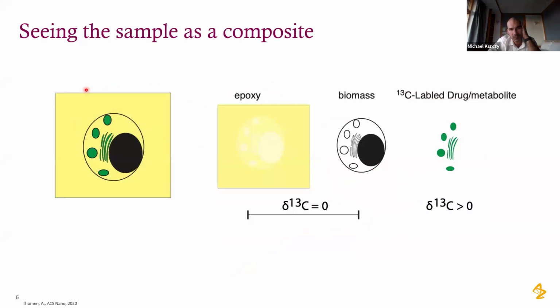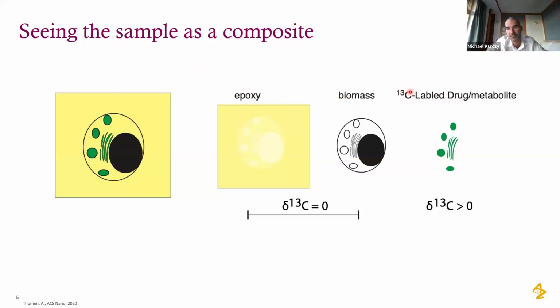And so when we look at the sample as a material, essentially there are three parts. There's the epoxy, which replaces the water. There's the biomass that sort of displaces the epoxy. And then we also have the drug, or the labeled compound.